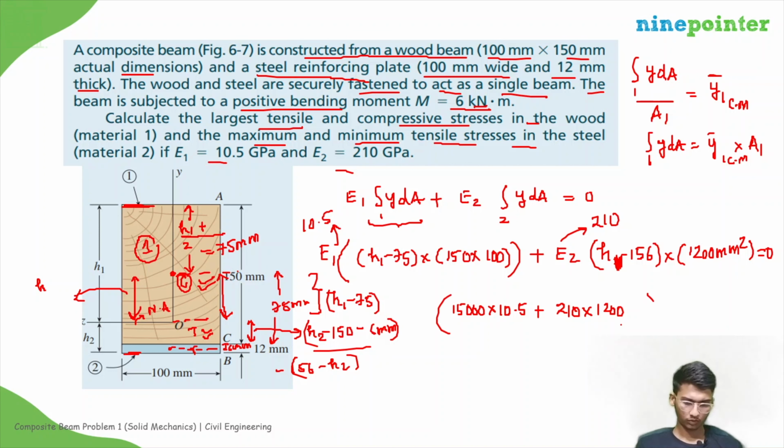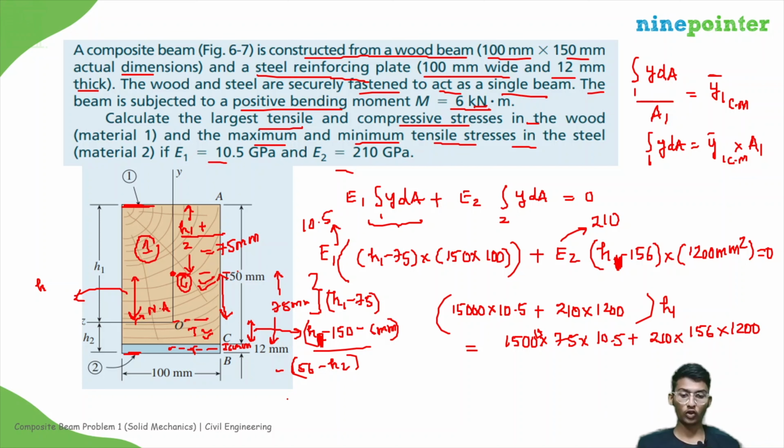So into H1 will be equal to 15,000 into 75 into 10.5 plus 210 into 156 into 1200. Okay.